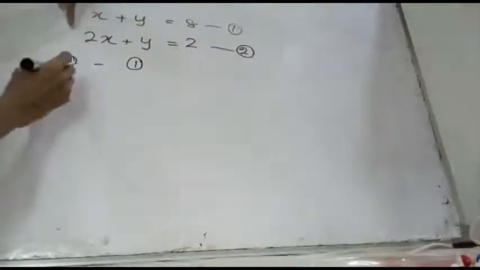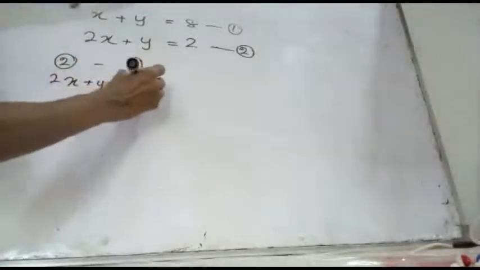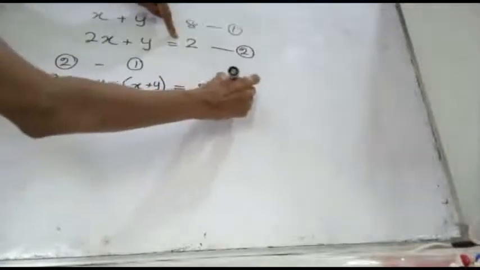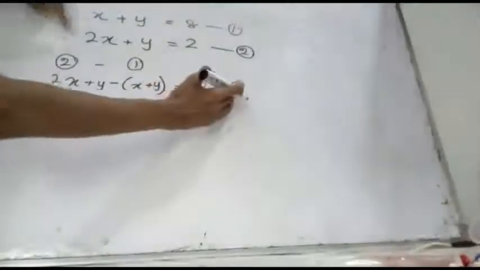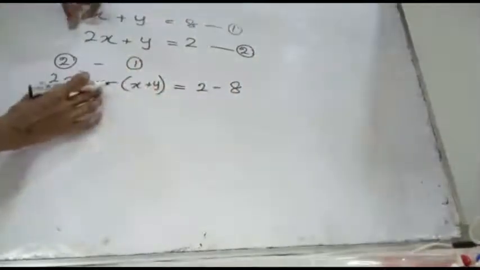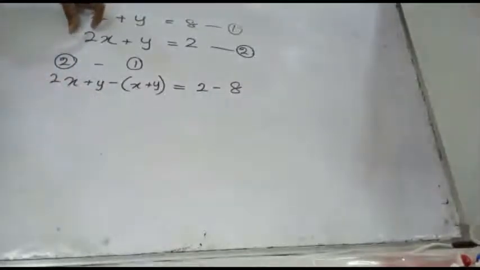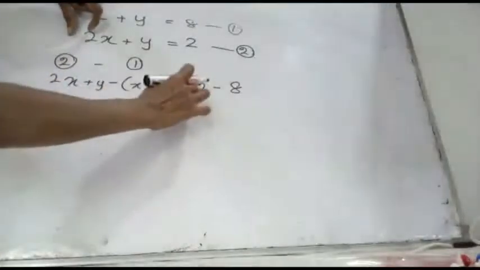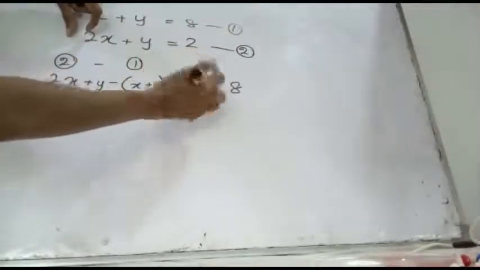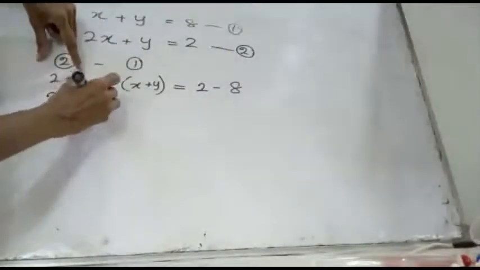It's easy. 2x plus y subtract x plus y is equal to 2 subtract 8. Here the first equation is subtracted from the second equation. First we write the terms of the second equation on the left hand side. On the right hand side we write the number, 2. Subtract 8. 2x plus y.